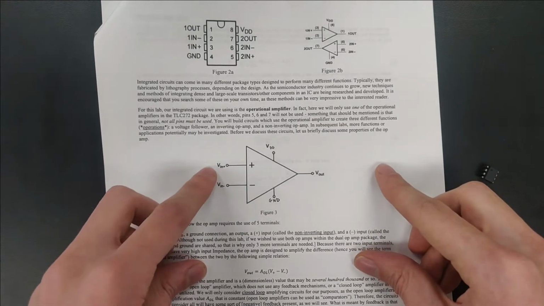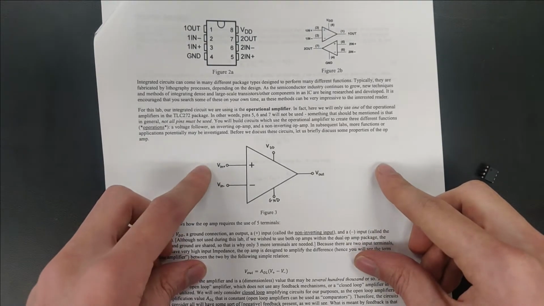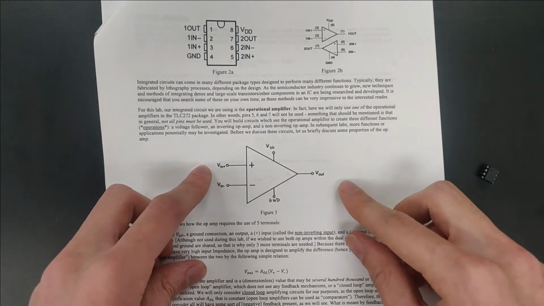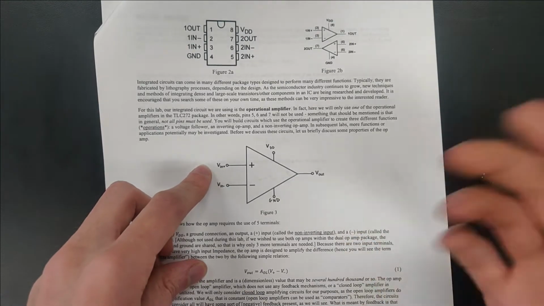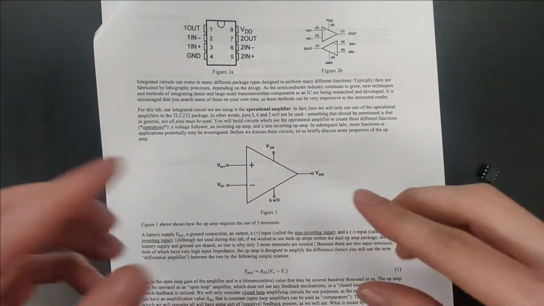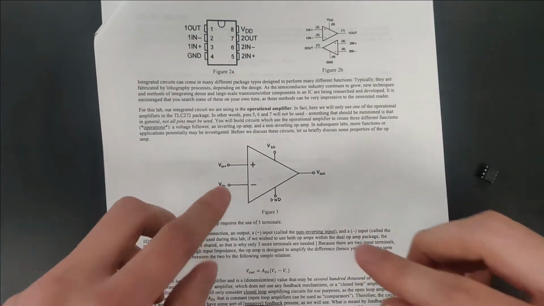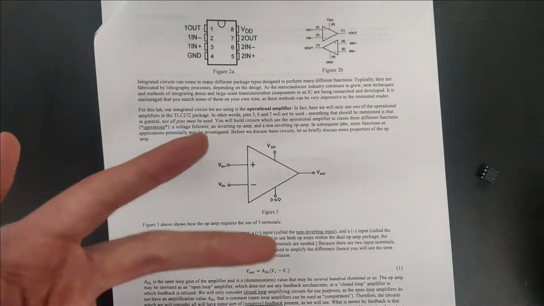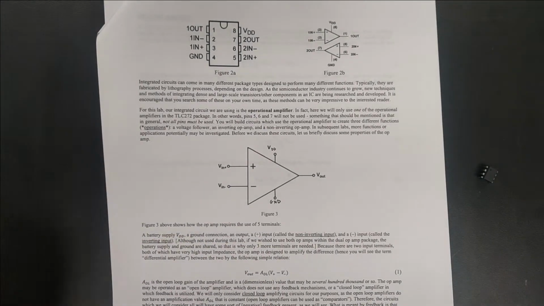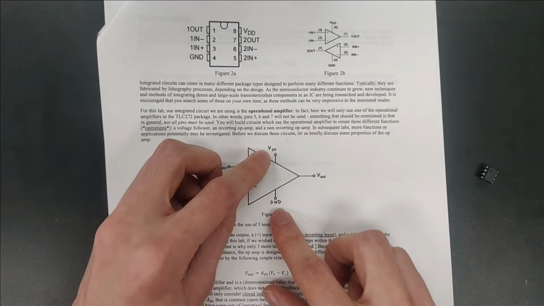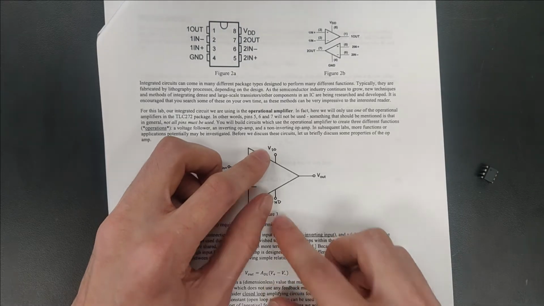If it comes in through the positive input, then that signal is only amplified. Nothing else really changes. However, if it comes in through the negative input, the signal is flipped 180 degrees. That's why it's negative.